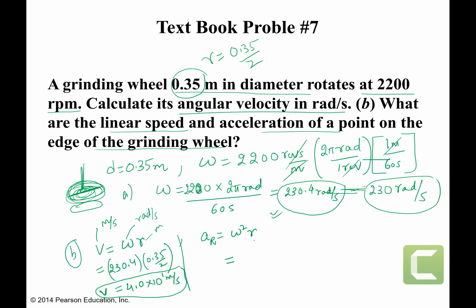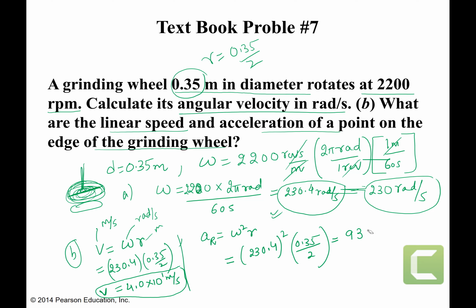Which is omega square r. You already know omega, that is given as 230.4 whole square, multiplied by r, 0.35 over 2. When you work this out in 2 sig figs, you should get 9300 meters per second square.